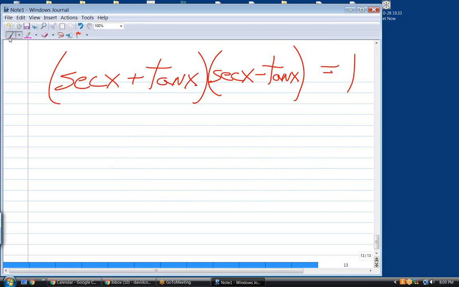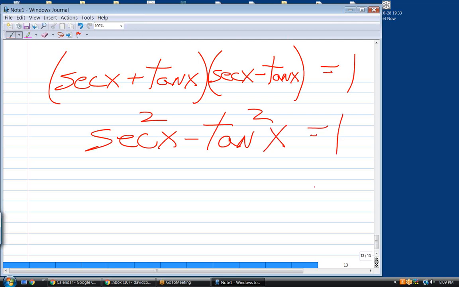Or is that a word you're familiar with, FOIL? Yes. Okay. You could FOIL these, but every time you FOIL something that is a minus b times a plus b, you get a squared minus b squared. So you can save yourself a lot of time by recognizing it and knowing that that's got to be secant squared of x minus tan squared of x.